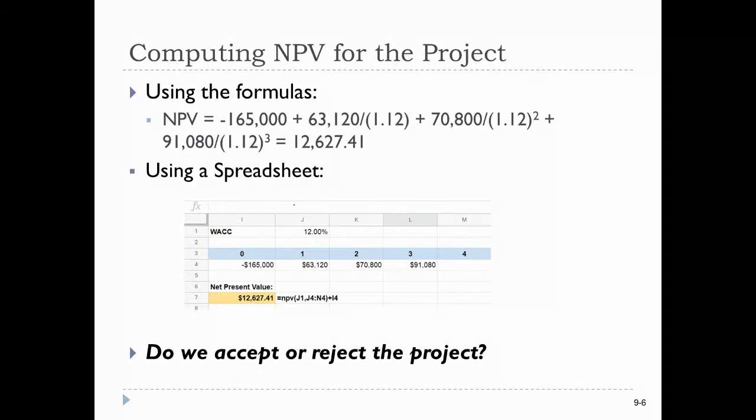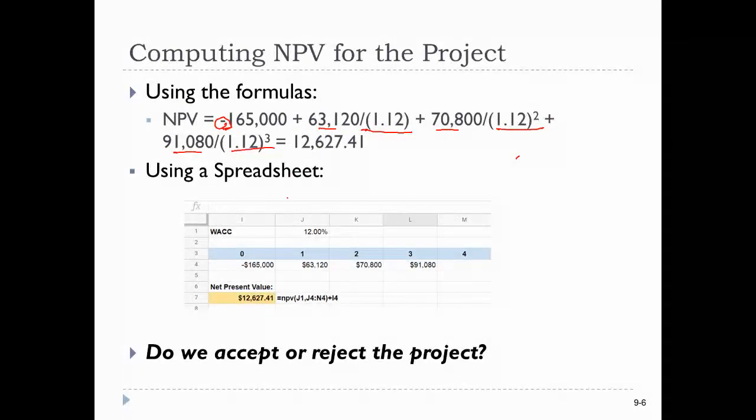I've shown it here in terms of mathematical formulas, which you probably don't want to implement, but well, you see what's happening here. We take the original cost, negative, paying out $165,000 to buy this project, adding to it the present value of the first year's cash flow plus the present value over 2 years of the second year's cash flow and the present value over 3 years of the third year's cash flow.